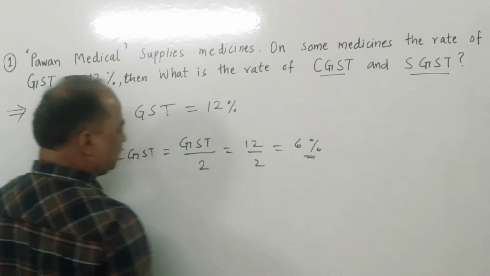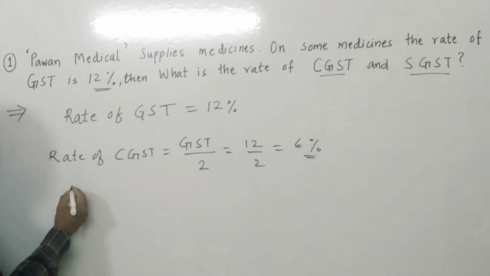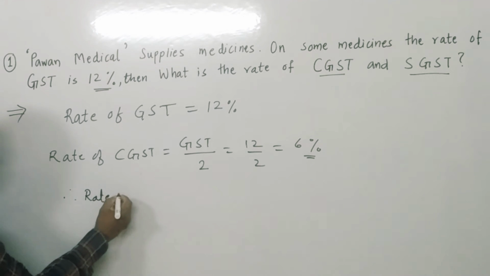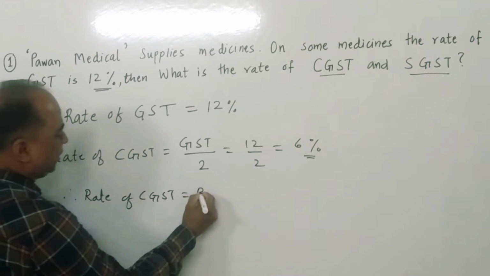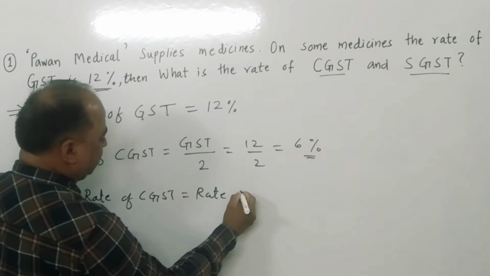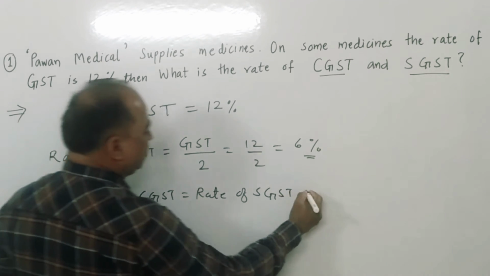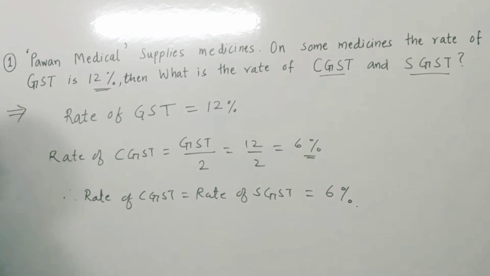So 6% of the medicine goes to CGST, Central Goods and Service Tax. Therefore, rate of CGST is equal to rate of SGST, equally distributed, which is equal to 6%.